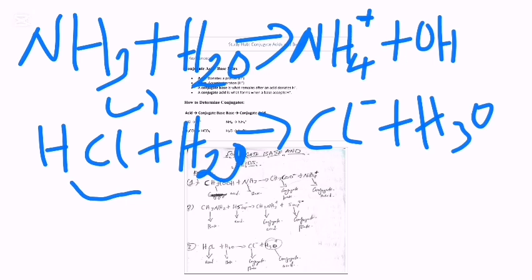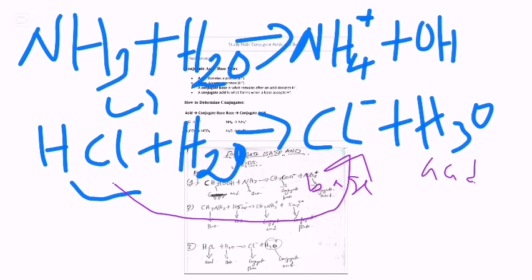Now, how can you identify a conjugate base and a conjugate acid? If this is an acid, this is chlorine. If this is an acid, the conjugate of it is a base, so it will be opposite.